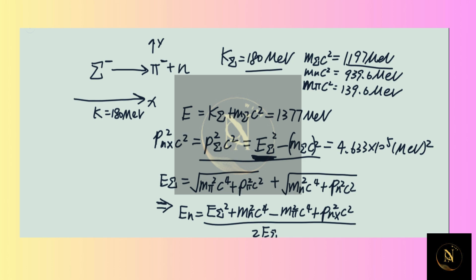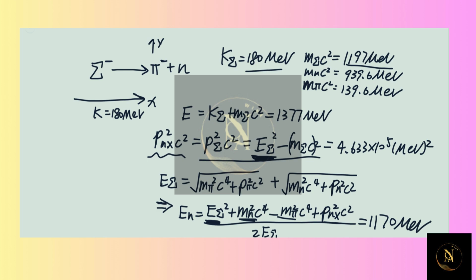These are all constants that we already found, so we can plug in all of the known numbers, and the energy turns out to be 1170 MeV.